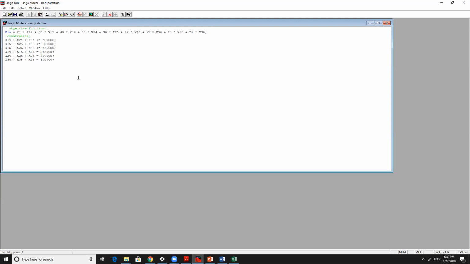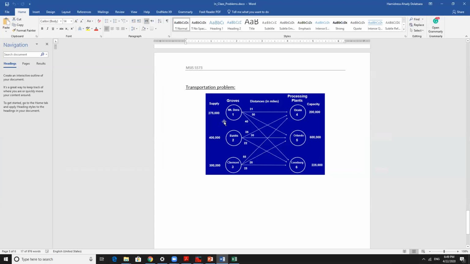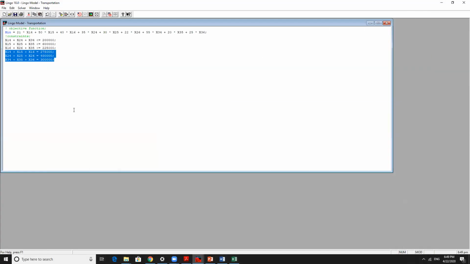For constraints, the amount that we send to each processing plant should be less than or equal to the capacity of the processing plant, as you see here. And we also want to send everything out from the suppliers. You might ask why we didn't set it as less or equal, or more or equal.